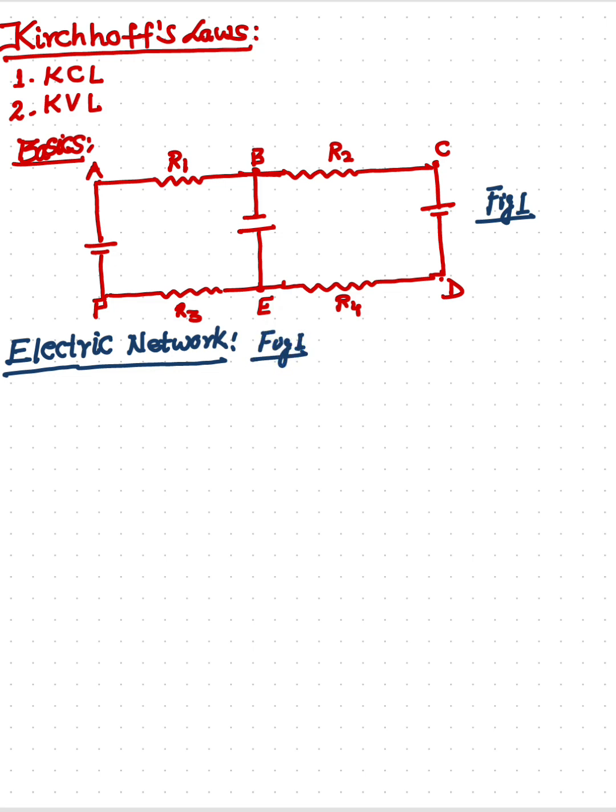We can define it as a complicated system of electrical conductors, cells, and other circuit elements. We can give them names. Suppose this is E1, this is the battery E2, and this is the battery E3.